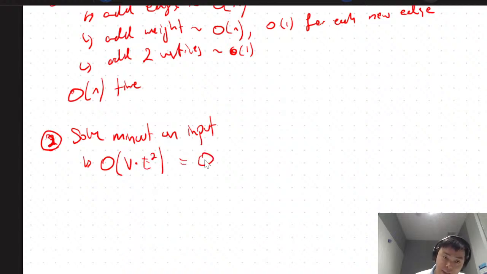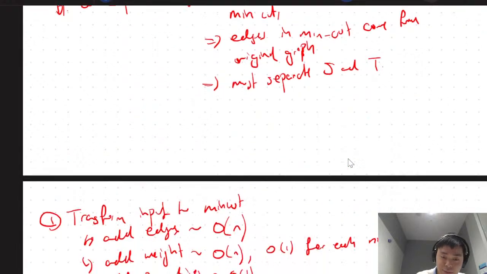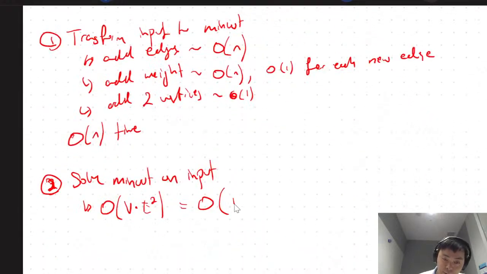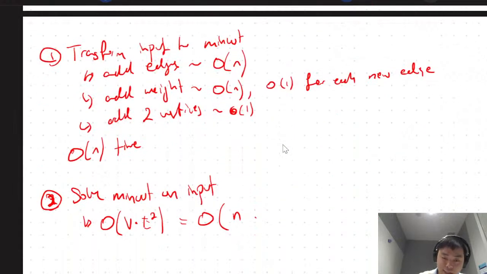And here, the number of vertices is the number of vertices plus 2. So that's still going to be O of n. Number of edges: well, the number of edges is bounded by the number of edges times the number of edges plus the number of vertices. So this is going to be bounded by m plus n squared.